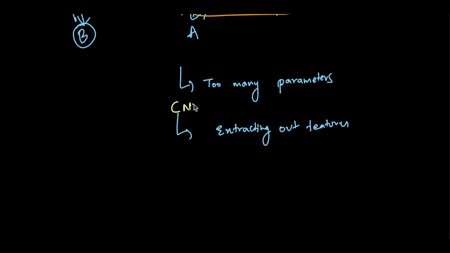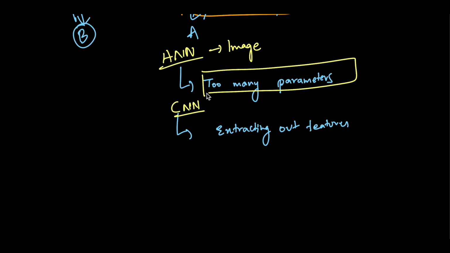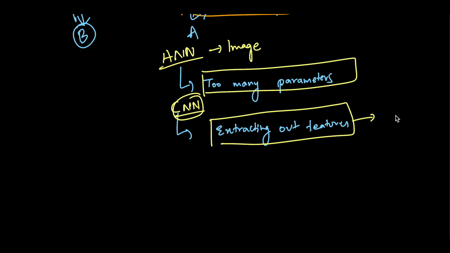In CNN, we extract features before passing the image on, whereas in ANN we just pass the image as it is, giving all the pixels as inputs, which leads to too many parameters. In CNN, first we extract all the features from the input image, and then we feed them to the model, which gives us the corresponding output with fewer inputs.